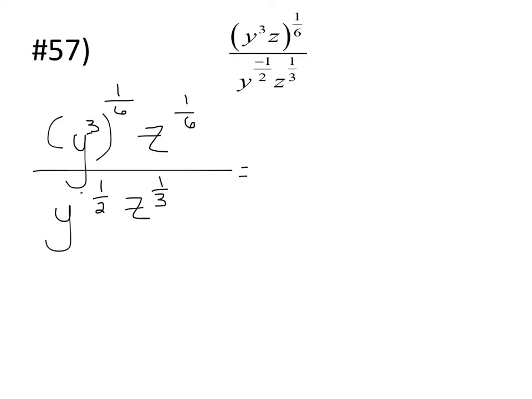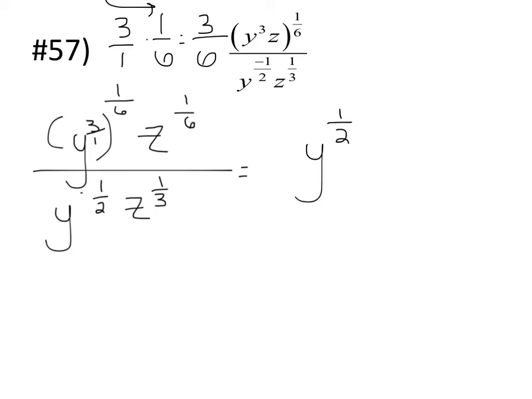Okay, so the first thing I'm going to do is multiply 3 and 1/6. So if I've got 3/1 times 1/6, remember you multiply straight across, it's going to become 3/6, which we know is 1/2.